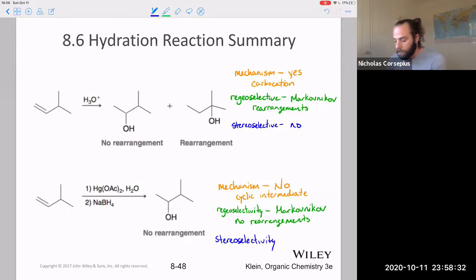For the oxymercuration, demercuration, these are stereoselective, and in particular, you will only see the anti-addition. Okay, so this is our first example of a stereoselective type of addition reaction, and these are anti, meaning both groups are going to be added from opposite sides of that double bond. We'll see examples of syn addition where they're both from the same side, anti-addition, they're coming from opposite sides.